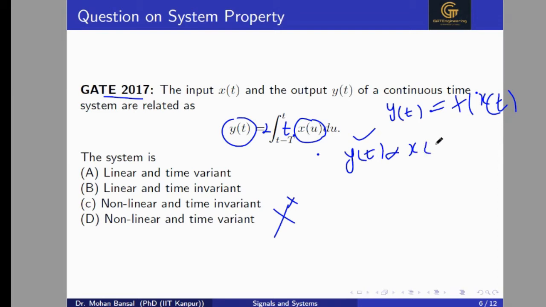Then we can say that the system is linear. It is not proportional to x square or x cube or anything. Another thing is that it is the integrator here, which is a linear operator. Directly you can solve it. If we write y(t) equal to t x(t) plus b, then it will become non-linear because b is added in the equation.